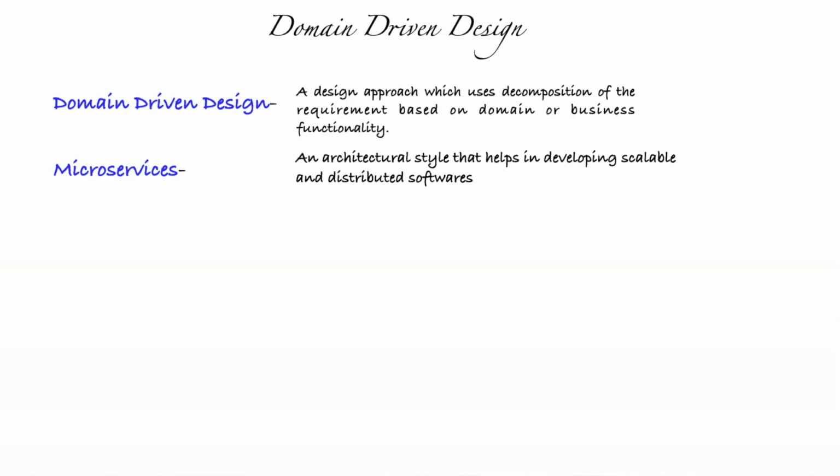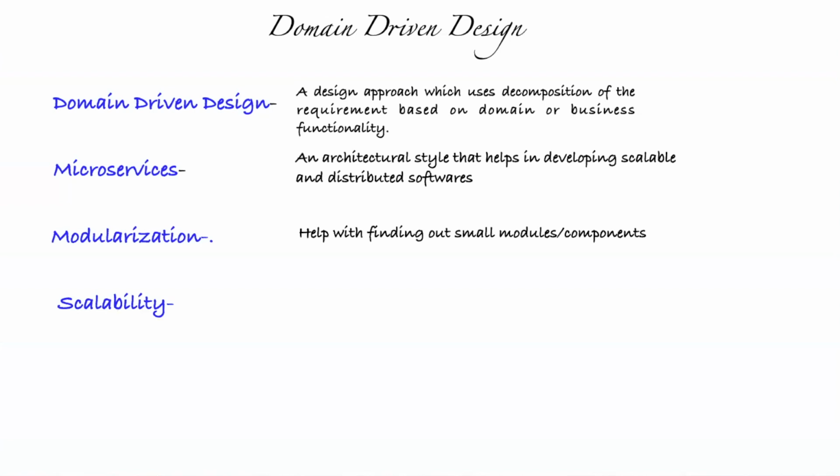Those are the benefits of microservice architecture. There are two key considerations in microservice architecture. One of them is modularization, and the second is scalability. Modularization helps with finding smaller modules or components, whereas scalability helps us deploy those smaller modules in a horizontal way, or in a horizontal cluster, for achieving scalability.